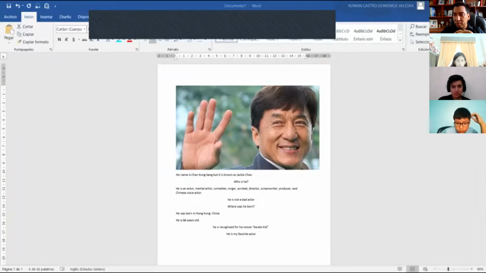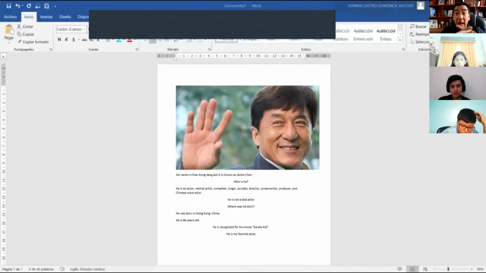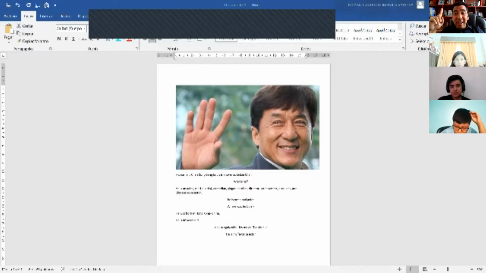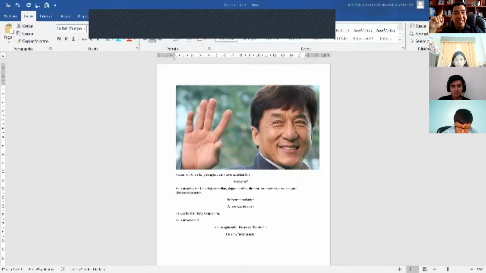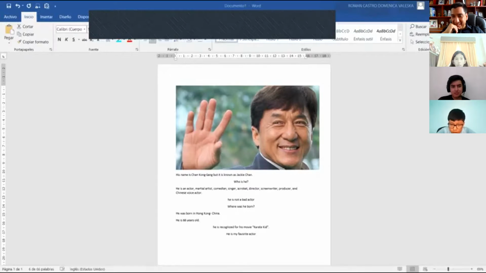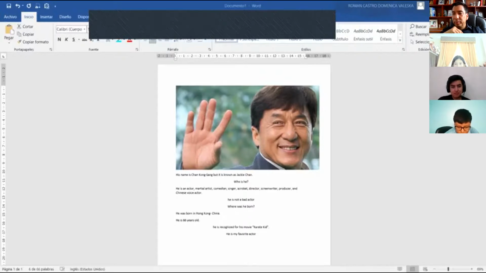He was born in Hong Kong, China. He is 66 years old. Be careful. I heard she. He is. He is 66 years old. Okay. He is recognized for his movie Karate Kid. He is my favorite actor.